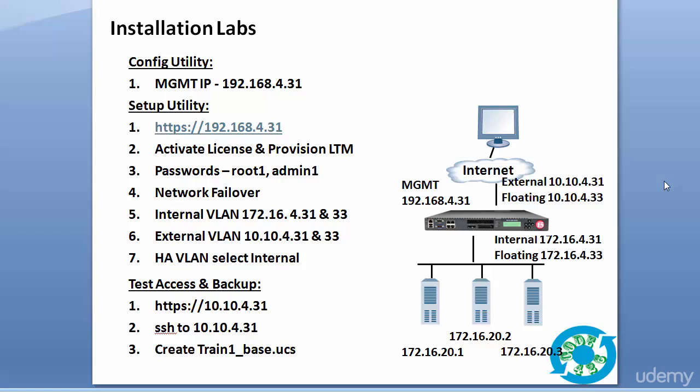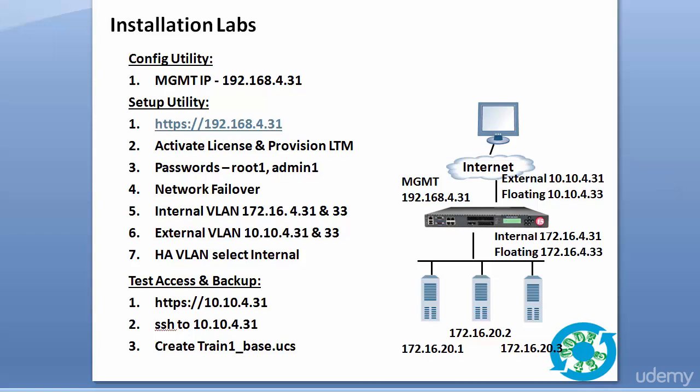The config tool can be accessed via SSH to the default 192.168.1.245 address. If this method were used, access would be disrupted when the IP address was changed. A valid license is required before proceeding to the next lab.